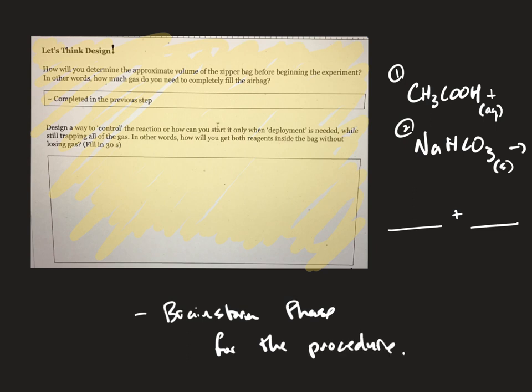I don't necessarily want you to list out a procedure. This is more of a brainstorming phase for the procedure. But if you wrote out steps, great. I'll take a look at it before you actually do the experiment. So that's what this part was. Let me talk about the next part of this paper.